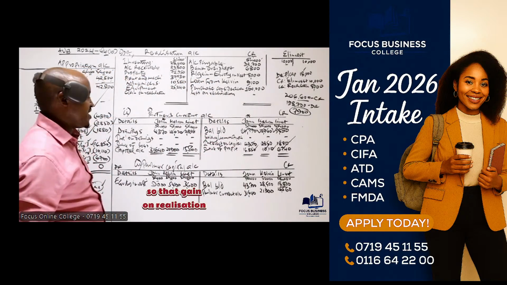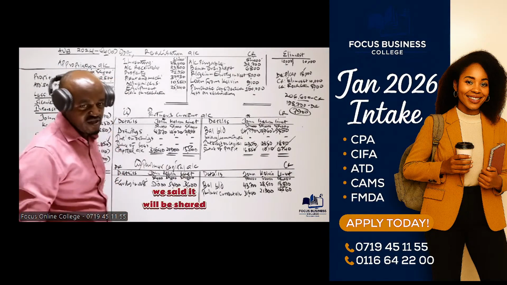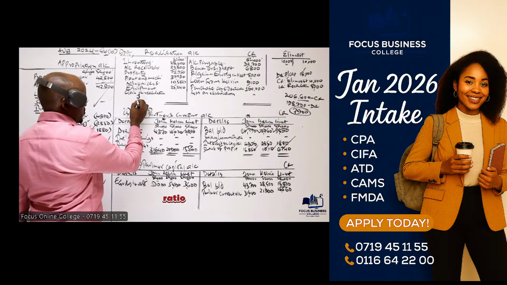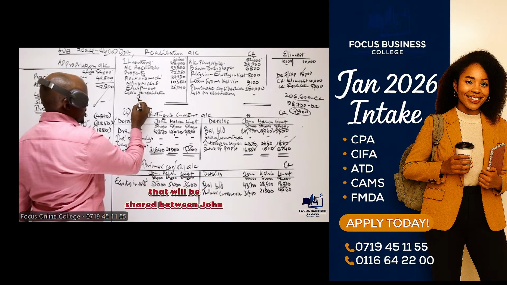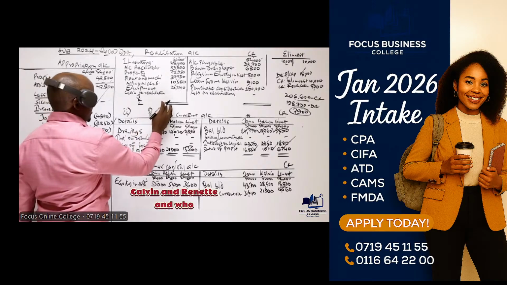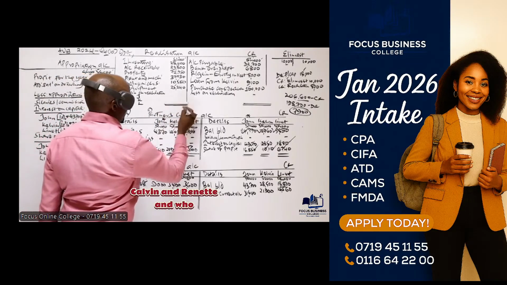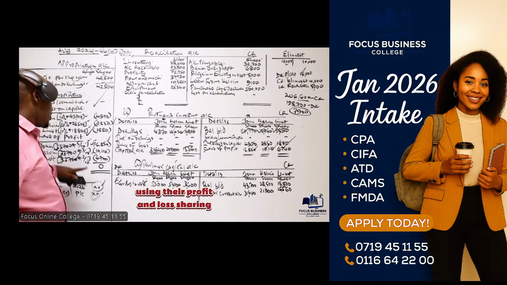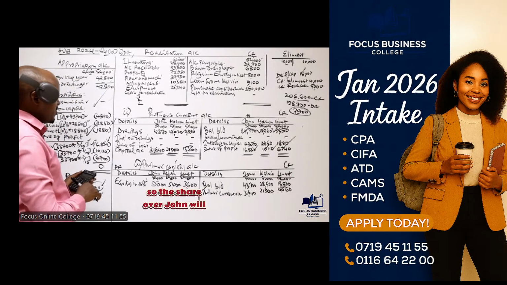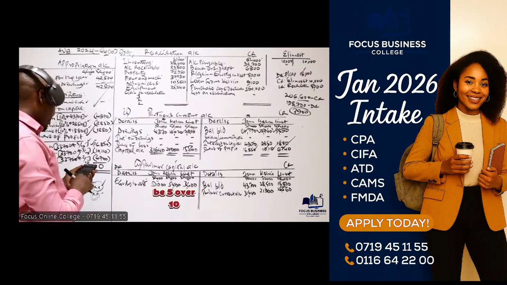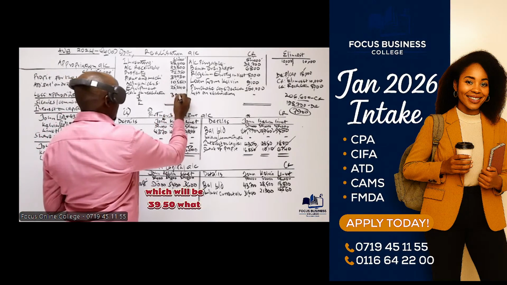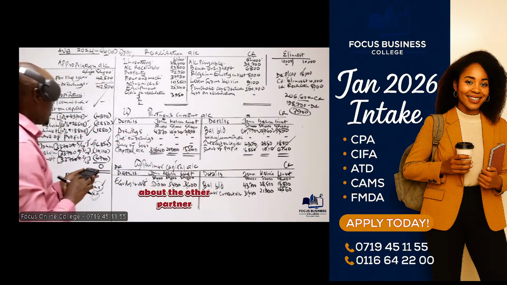That gain on realization, we said, will be shared among partners using their profit and loss sharing ratio. It will be shared between John, Kelvin, and Renette. The share of John will be 5/10, which will be 3,950.